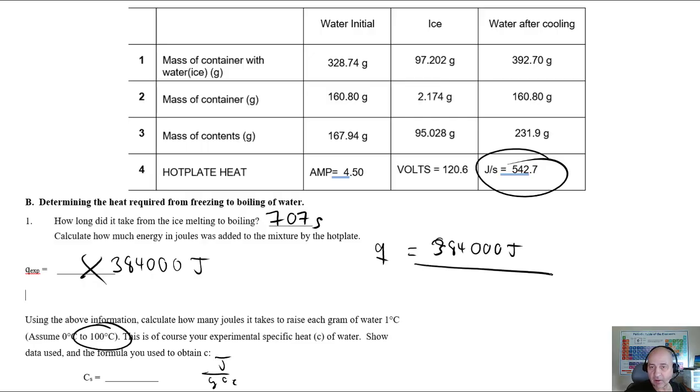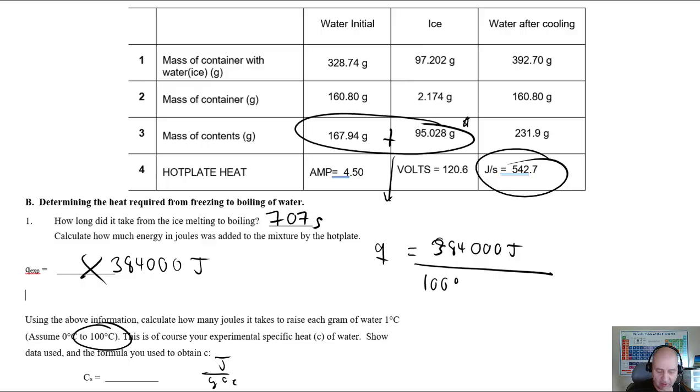So it's 384,000 joules divided by the change in temperature, which is 100 degrees, and then I divide by the mass in grams. And so now we have to add these two together because we are heating not just the original water, we're also heating the ice, which is now melted.